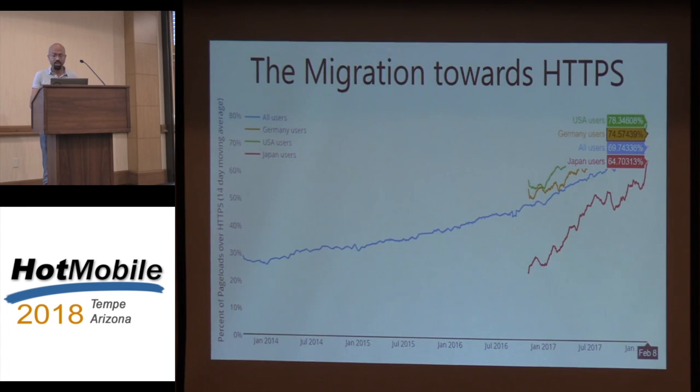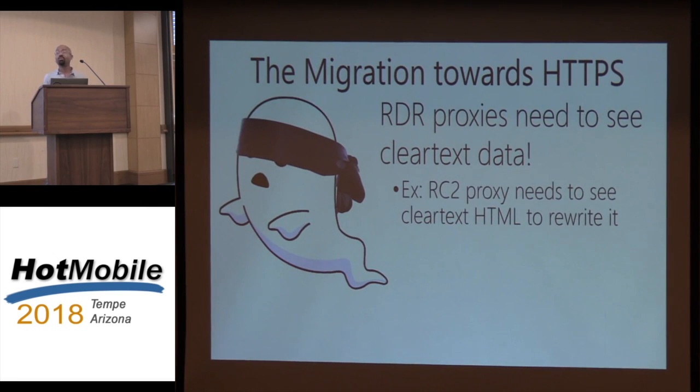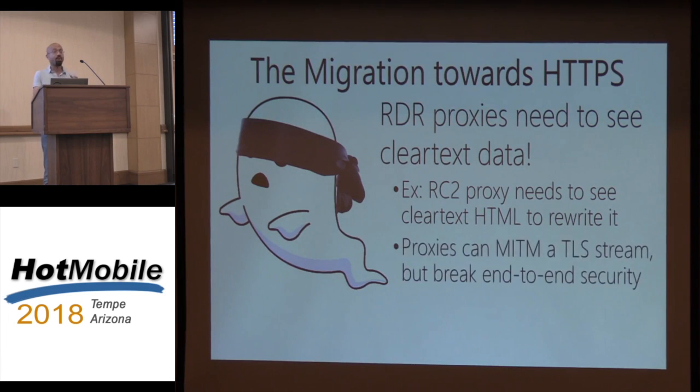So what does that mean for RC2? Well, RDR proxies in general need to be able to see clear text data. And in particular, an RC2 proxy needs to be able to see clear text HTML so that the source attributes can be rewritten. Right? So to do this kind of rewriting, you could imagine that maybe proxies can man in the middle that TLS stream, and actually see the clear text content that way.